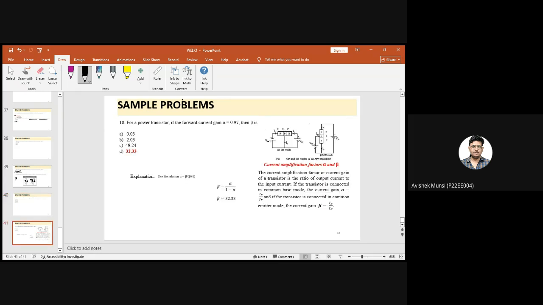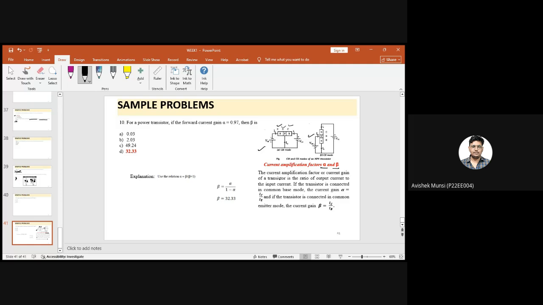In the case of the transistor, whether it is in CB mode or CE mode, you see that there is an emitter, base and collector. So there are two current amplification factors: one is alpha, one is beta. The current amplification factor, or current gain, in the transistor is the ratio of the output current to the input current.